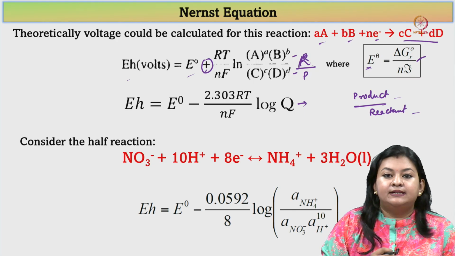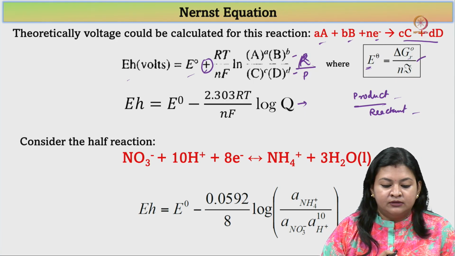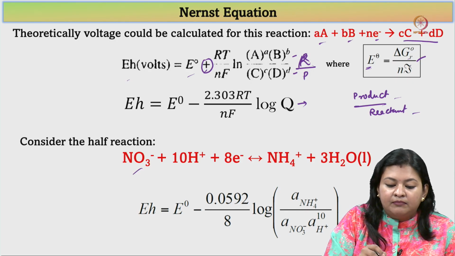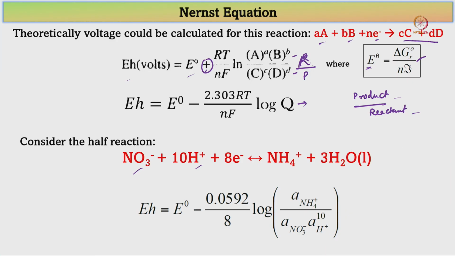So, let us look into an example. NO3 minus plus 10 H plus, with 8 electrons accepted, forms NH4 plus and water. So, it is nitrate forming ammonium ion. If you are going to write the EH of the reaction, what will it be?